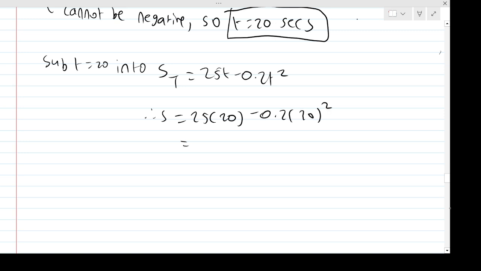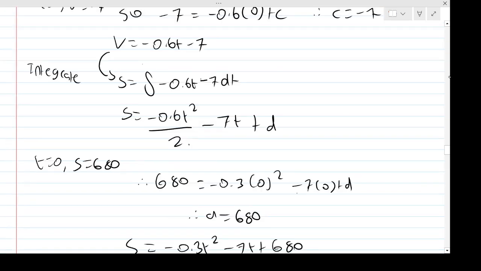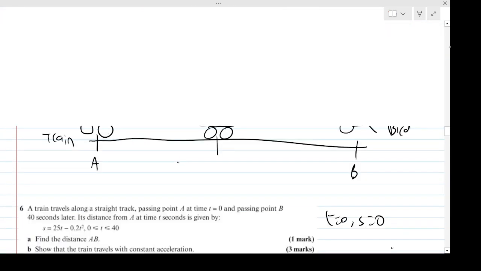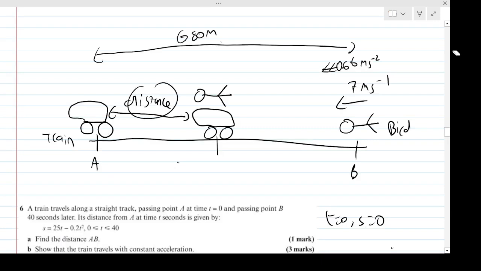So that will get me 420 meters. And there we are. So that is the displacement, the distance from A here until up to the point where they meet, and that's what they wanted. So there we are. That's the distance for where they overlap or where they meet at the same point.